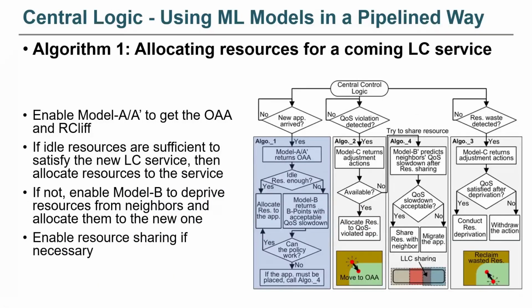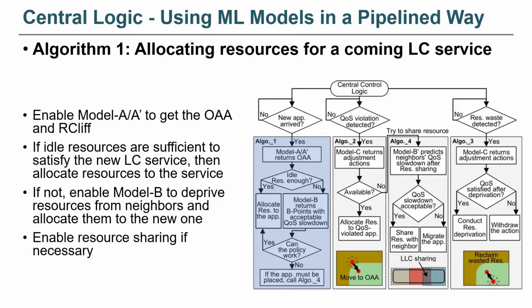This figure shows OSML's central logic. The collaborative machine learning models are used in OSML in a pipeline way. Algorithm 1 shows how OSML allocates resources for a newly coming LC service in practice. The central controller enables Model A or Model A shadow to get the OAA and RCliff.